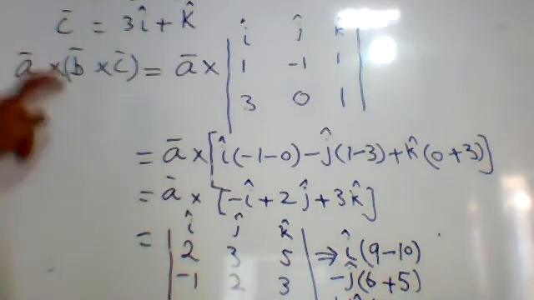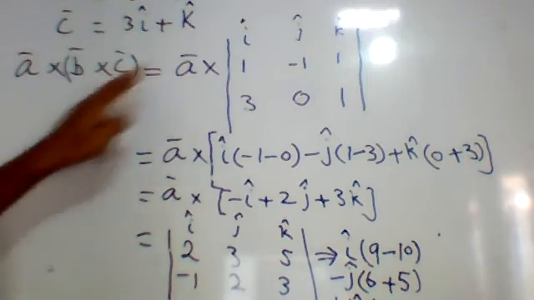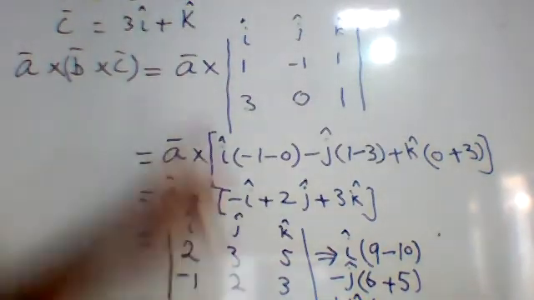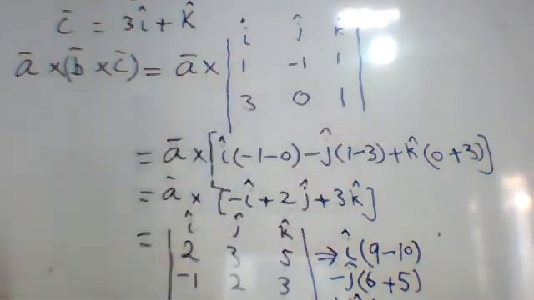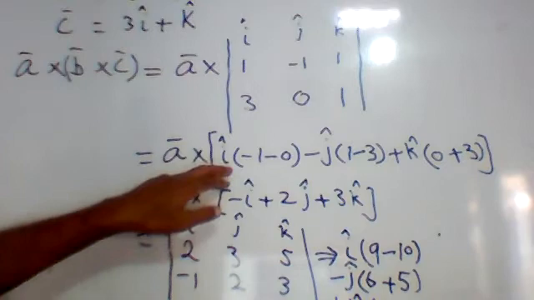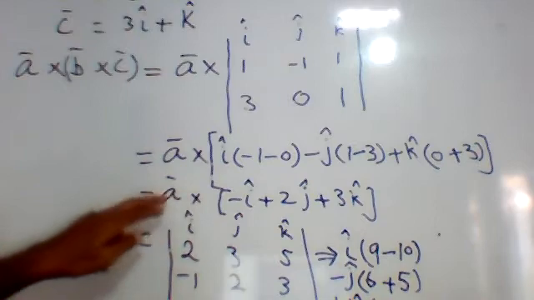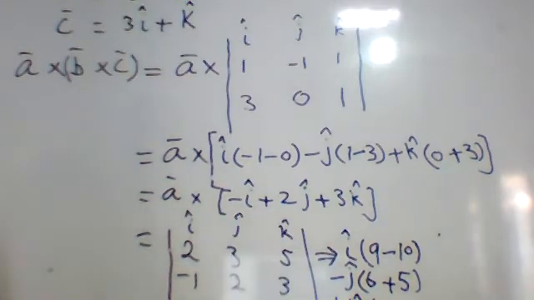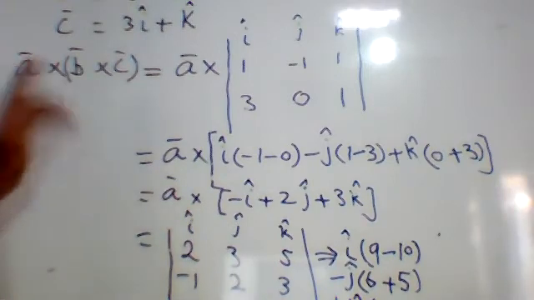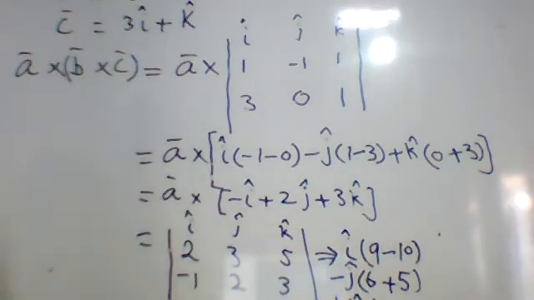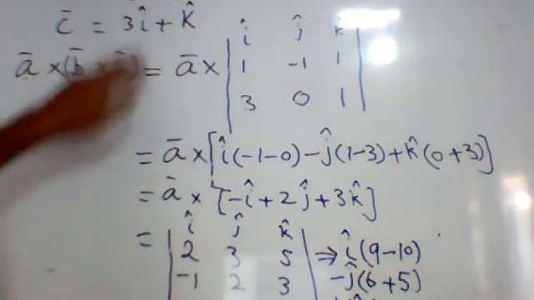If it is A cross B within the bracket and then cross C, first we do A cross B, then we take the cross product of that answer with C. Just like here, B cross C is the answer, and this vector is cross product with A. A cross the answer of B cross C, in the same order. A is first, then B cross C. The bracket is solved first, but it remains the second quantity. The first one is A, the second is the answer of this one.